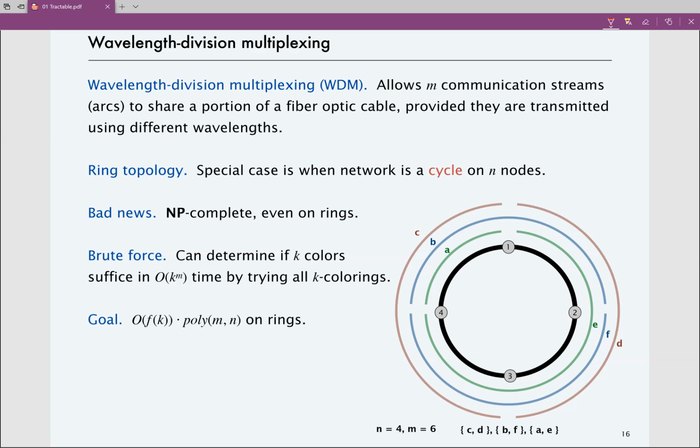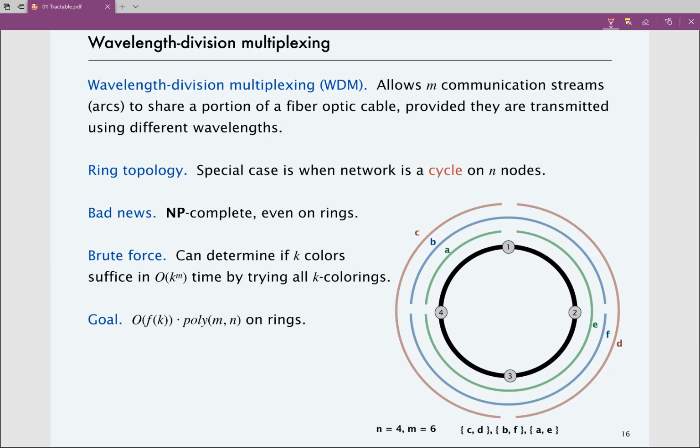Now, in terms of complexity, it turns out that this problem, while it doesn't look very complicated, is also NP-complete. Even though all we're trying to do is basically color a ring, this still turns out to be NP-complete. Of course, in practice, because this does come from a practical motivation, you might actually have lots of these communication streams.